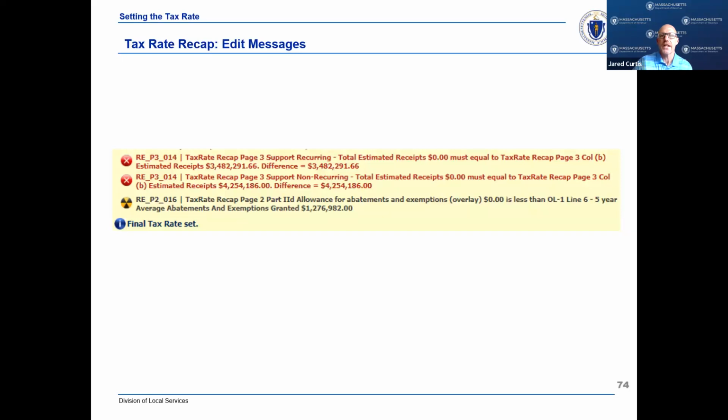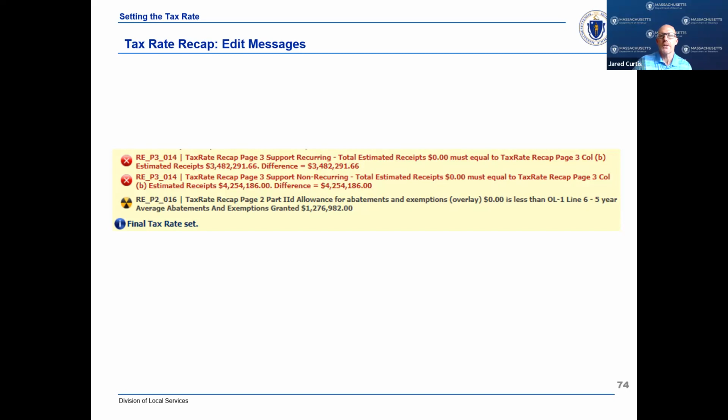These messages do not have an impact on submitting the tax rate forms. For example, an informational message will appear on the recap edit report once the LA4 assessment and classification form has been approved. The message will state that BLA LA4 form has approved status. No action is required for informational messages.